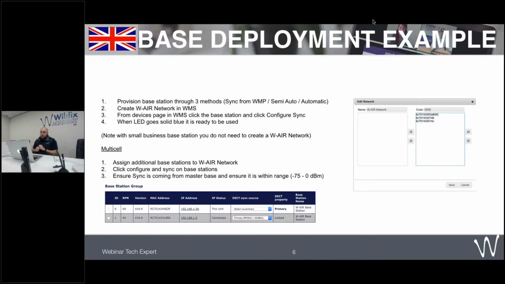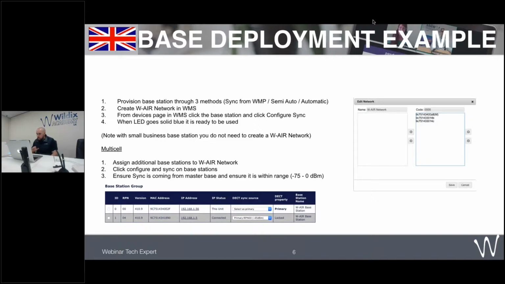So the first thing you should do is provision it through one of those 3 methods, then create your WL network on WMS. Then from the devices page, go back to your device, click on the base station and click configure and sync. When the LED goes solid blue, that means it's ready to be used, that means you can register your handsets and your DECT headset to the base station.